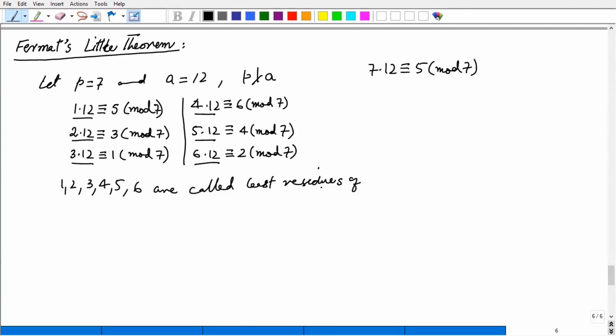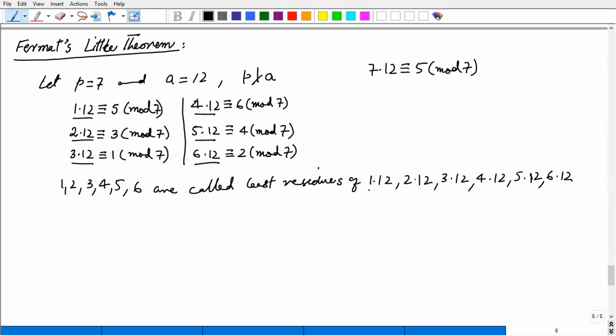So we write 1 times 12, 2 times 12, up to 6 times 12 in some order.